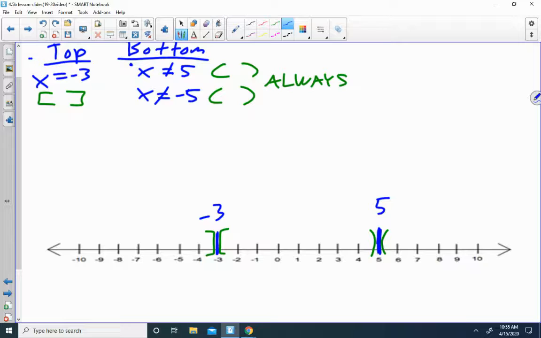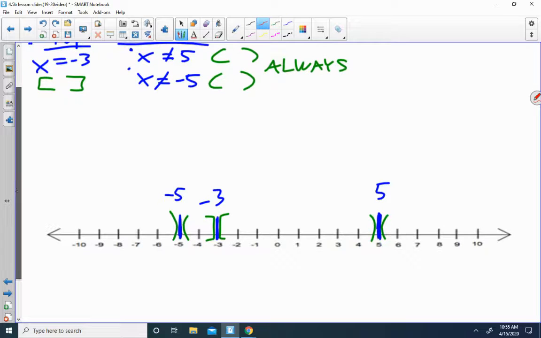And then we're also going to have a border at -5. So I'm going to put -5 right here. Open parentheses. Whoops. Open parentheses. And there you go. Those are our borders. And it looks like we're going to have 4 test intervals this time, which means 4 test values. So our first test value, I'm going to go ahead and pick -6.